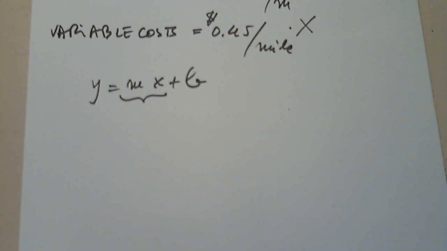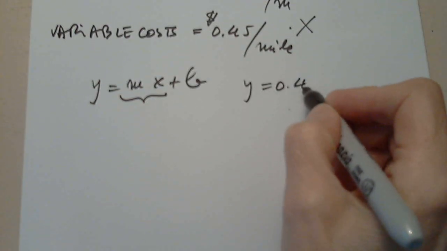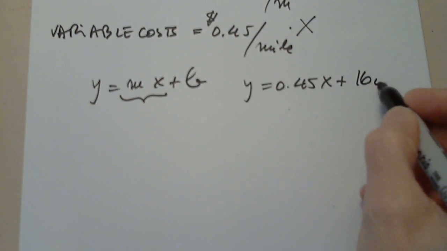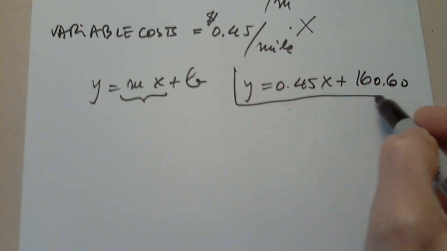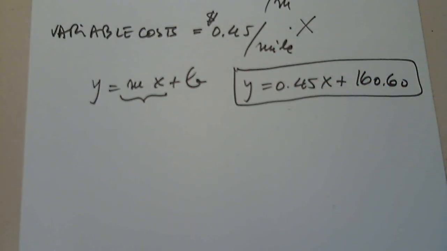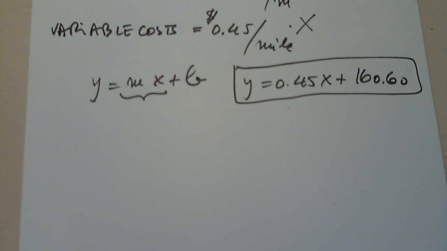Y equals 0.45x plus 160.6. That's it. That's all we needed to do. So let's enter it. And let's see what else they're asking. So we're going to enter the slope, exactly what you just said. Do not enter 0.45x. That is not the slope.